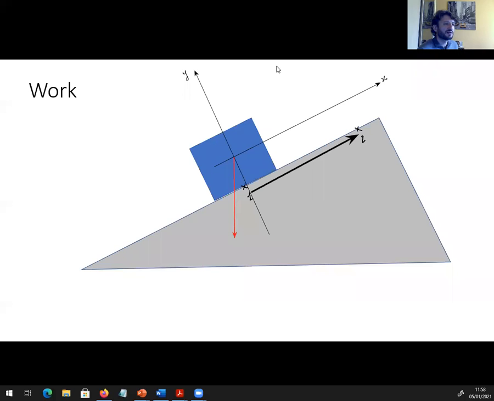Let's apply F on the object, and the motion is going up on the inclined plane, so the kinetic friction will be down. And we have a reaction N. So here we have F kinetic and N. F has two components.